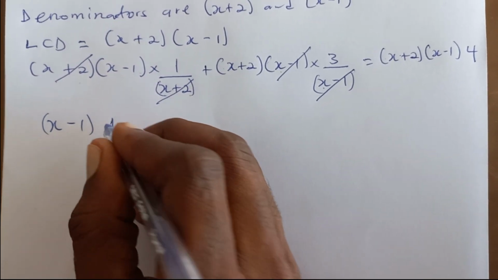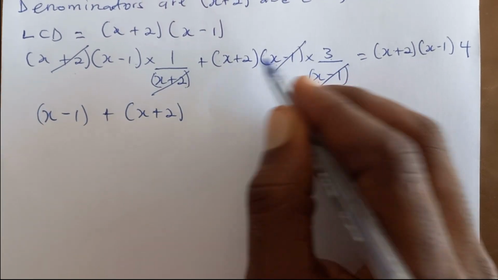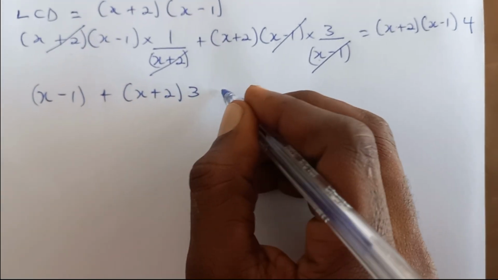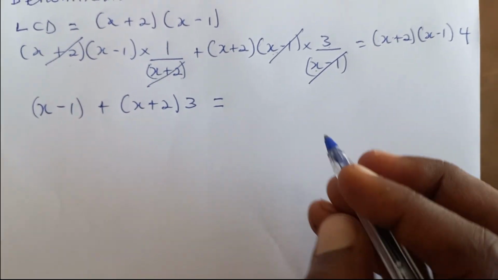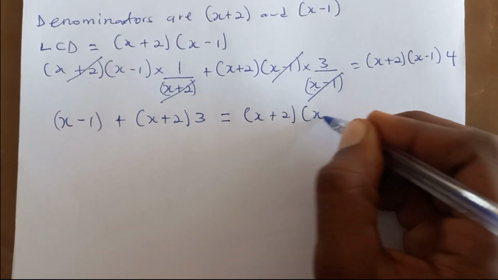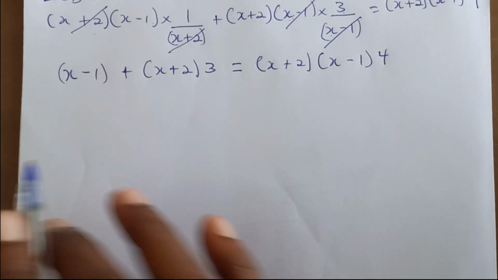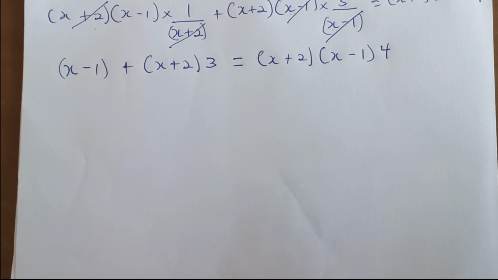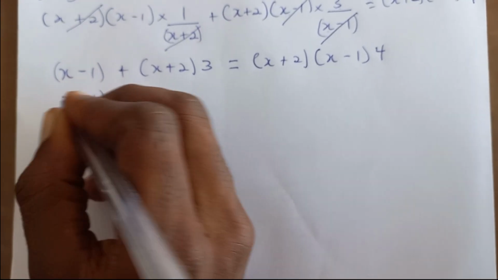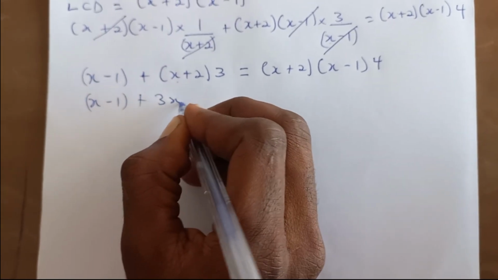Plus x plus 2 multiplying by 3, because the denominator cancelled this one, which is equal to x plus 2 times x minus 1 multiplied by 4. So let's simplify these and see what we are going to get. We get x minus 1 plus 3 times x, we get 3x.